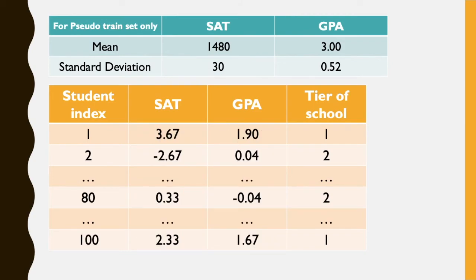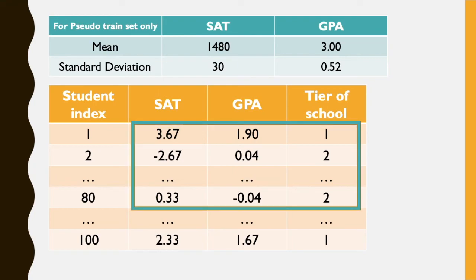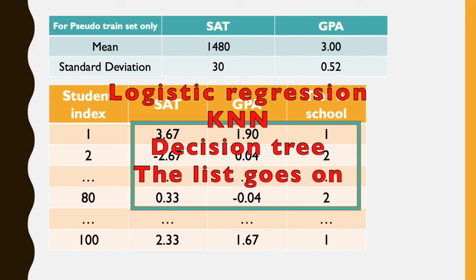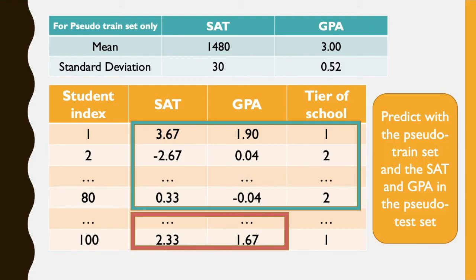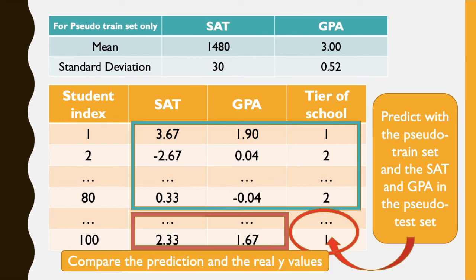We then fit the standardized pseudo-train set into a model, which can be any classification method, such as logistic regression, KNN method, and decision tree. Use the fitted model and the SAT and GPA in the pseudo-test set to predict for the tiers of the schools that the 20 students in the pseudo-test set are going. Then compare the predictions and the reality.